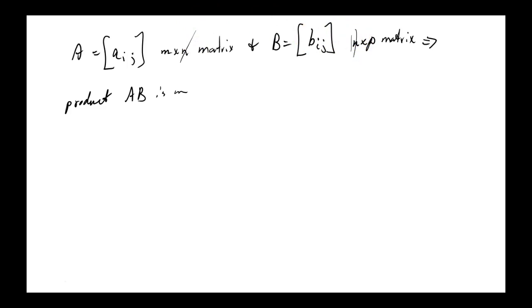And your result then is going to be an M by P matrix. Okay? And that matrix, AB, is going to have entries c_ij. Now, I kind of don't like the same indices being used, though it's okay. But here's what c_ij is.